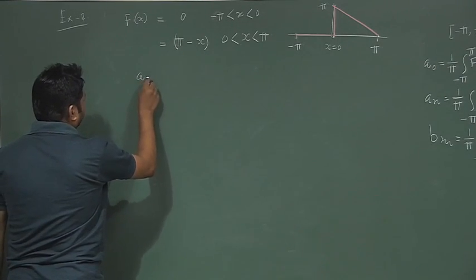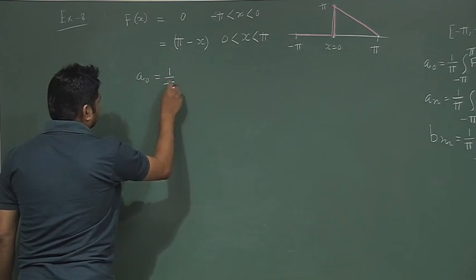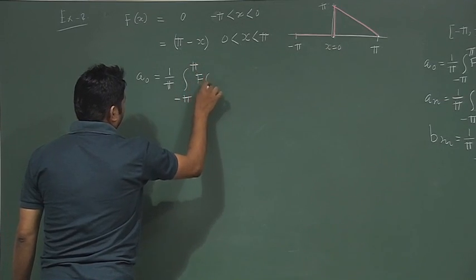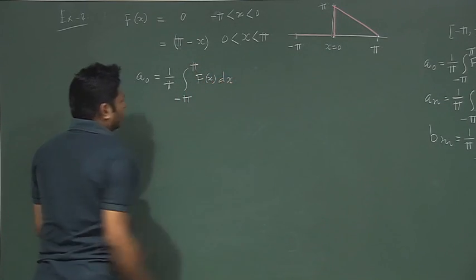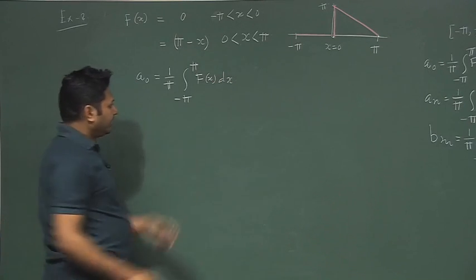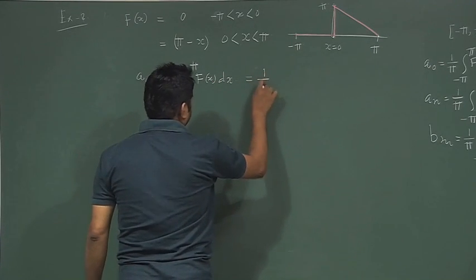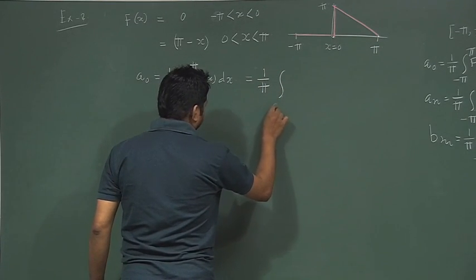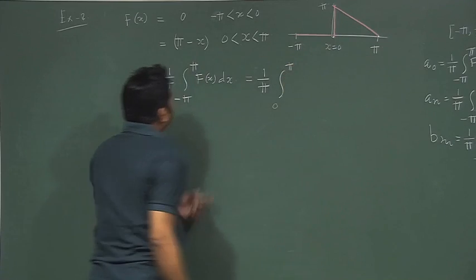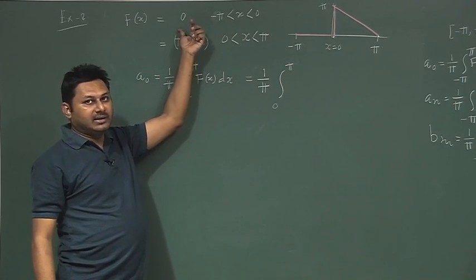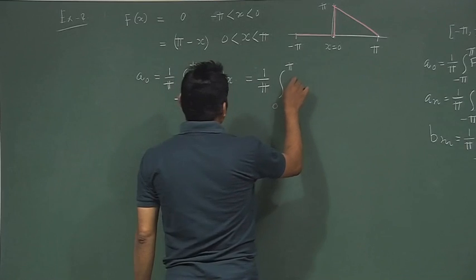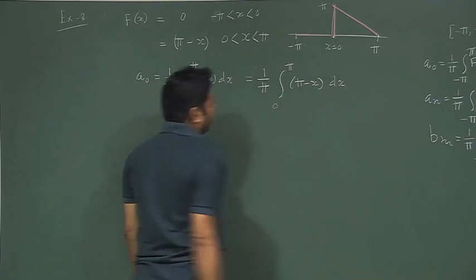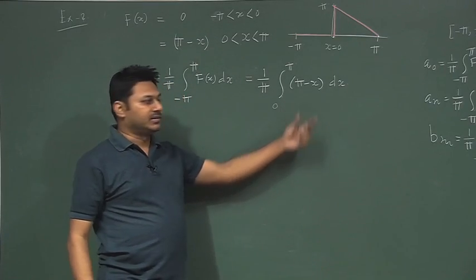So, a0, if I calculate, the thing I have already written there, but I am writing it again because you may not see that part of the board. It is simply 0 to pi, because from minus pi to 0 it is 0, exactly like the previous problem. I need to evaluate this integration, as simple as that.